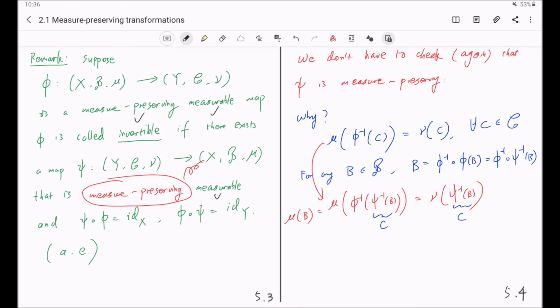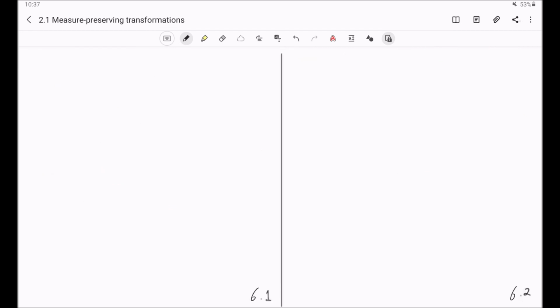And before we move to our example, there are a couple more concepts that we want to introduce.